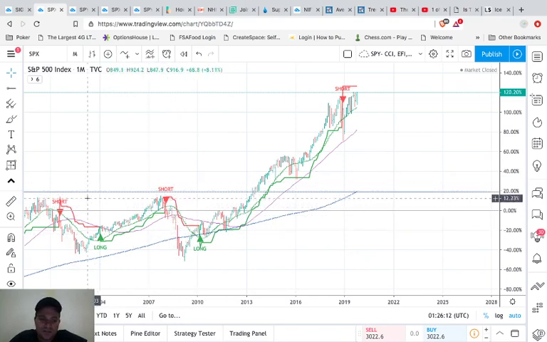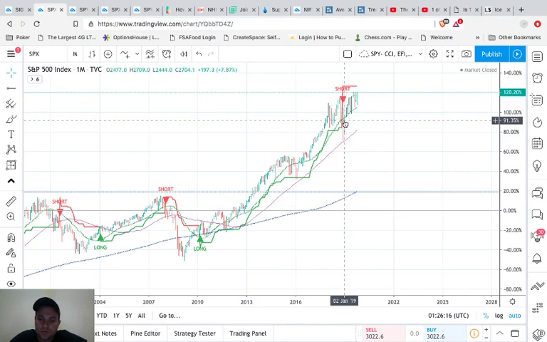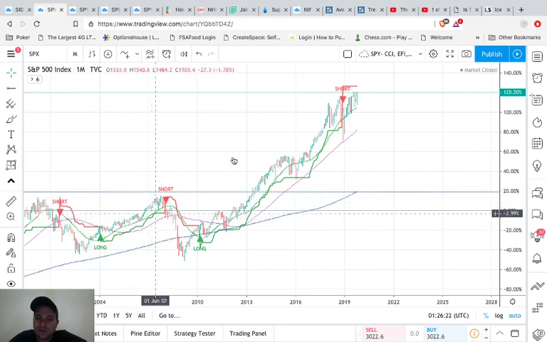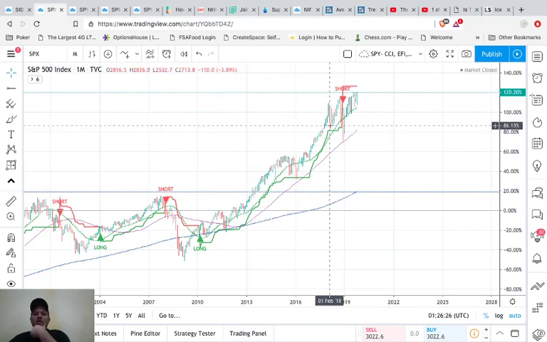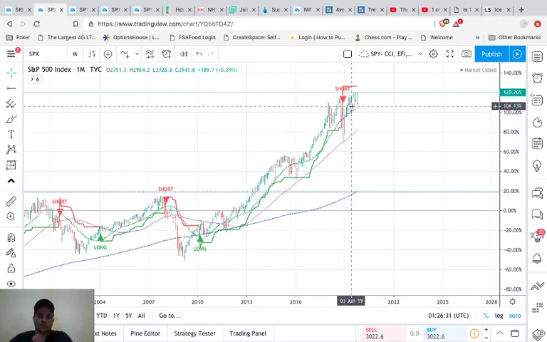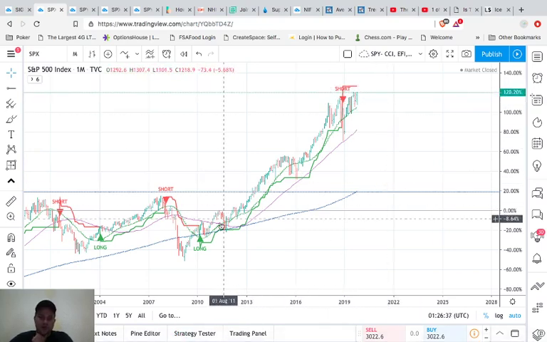What's interesting though is this was October of last year, and it hasn't come roaring back like that in these other recessions or downturns, whatever you want to call them. And here it's come roaring back, and it's going to be interesting if that's going to blow through that or whatnot.